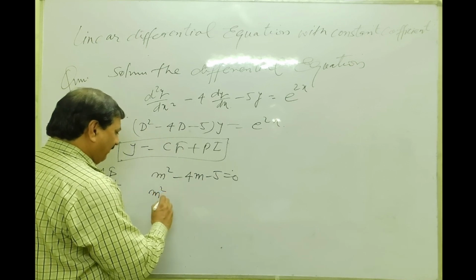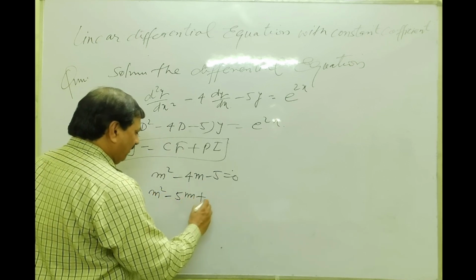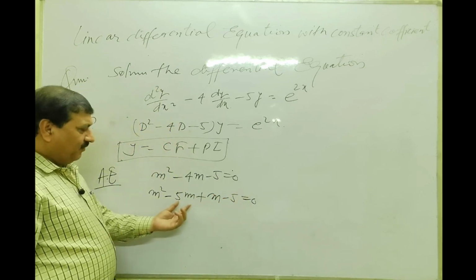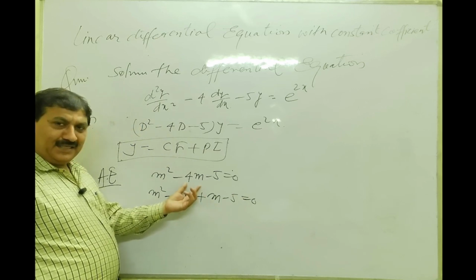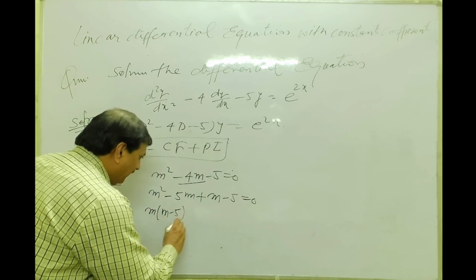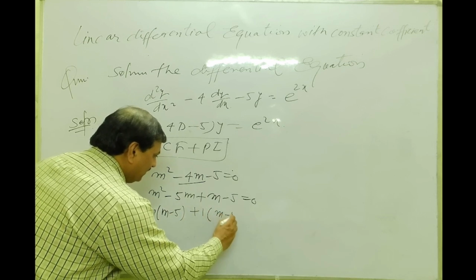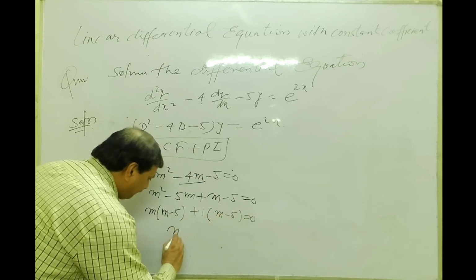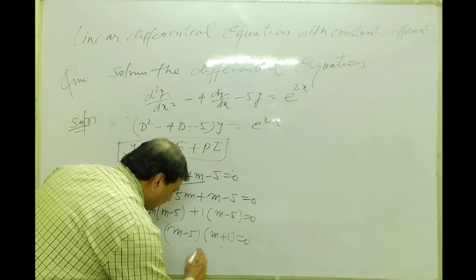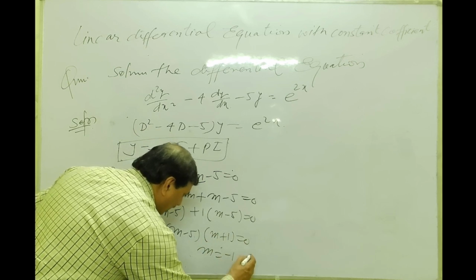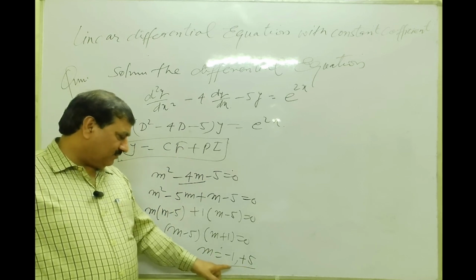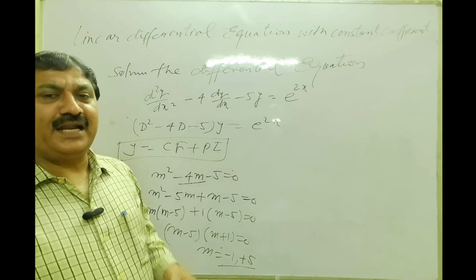That means m² − 5m + m − 5 = 0, since −5 plus m gives −4. Taking m common, m(m − 5) + 1(m − 5) = 0, so (m − 5)(m + 1) = 0. The values of m are −1 and 5. That means the roots are real and different.